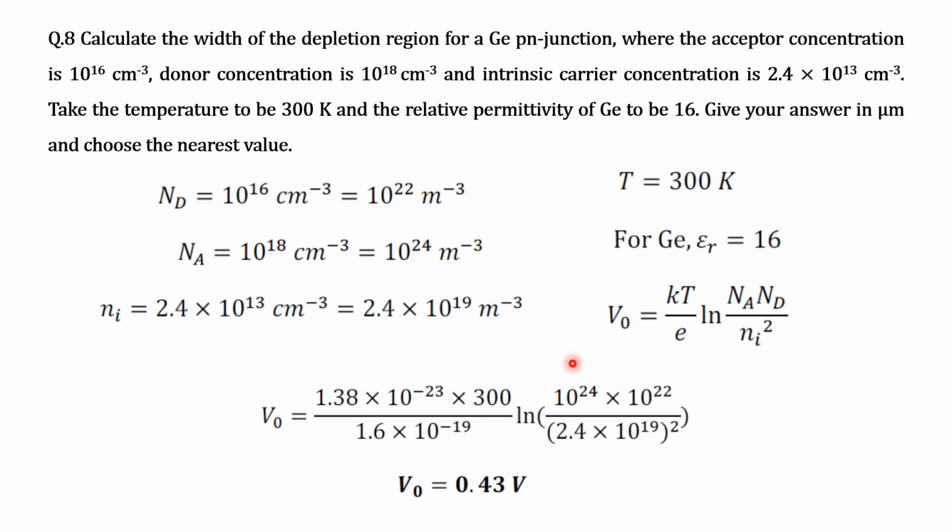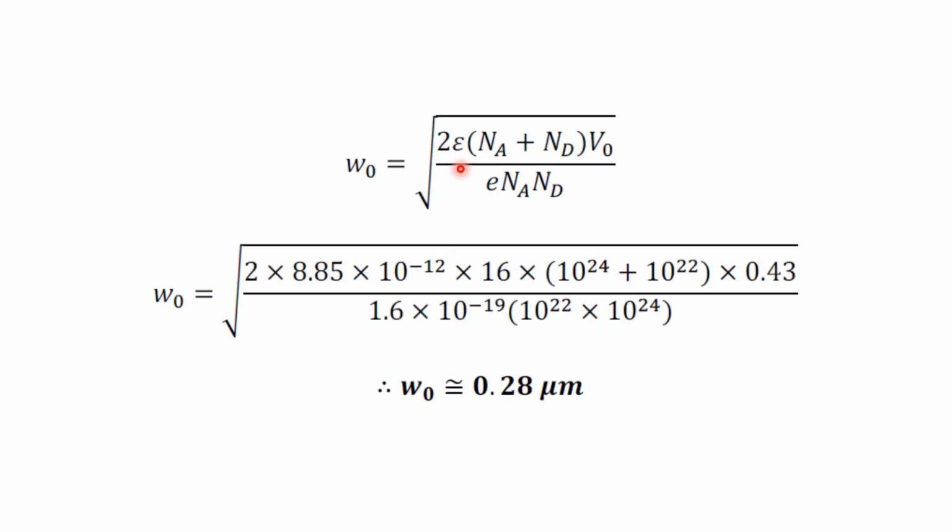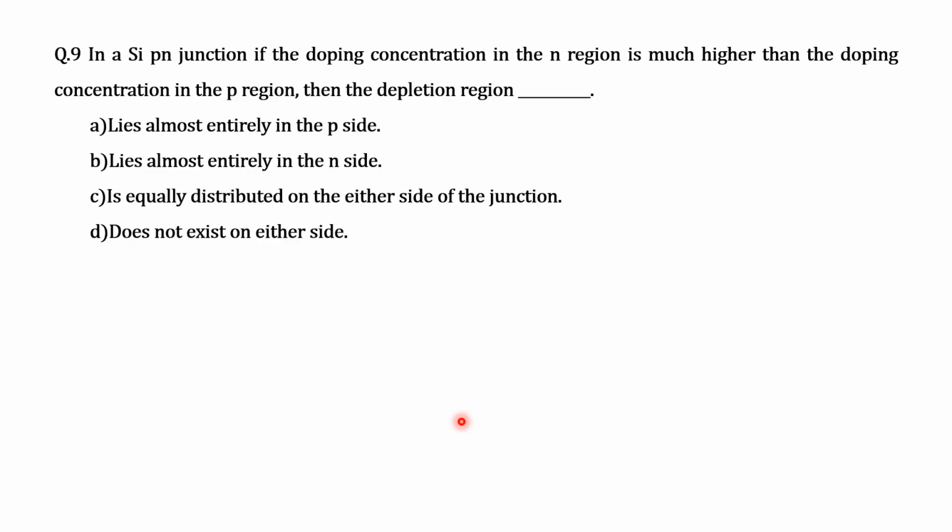The equations are known to us. First equation that is required is V0 is equal to KT by E ln Na Nd by Ni square. And then once V0 is known, using the equation root of 2 times epsilon into Na plus Nd into V0 by E Na Nd, we can find W0 as 0.28 micrometers.